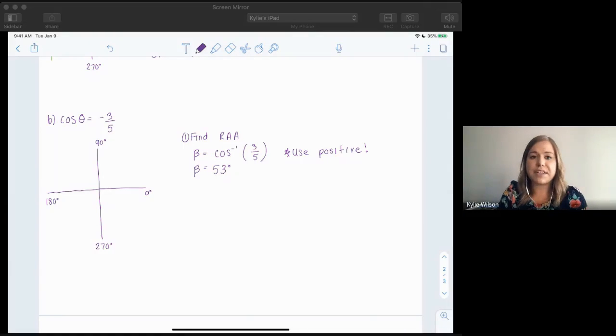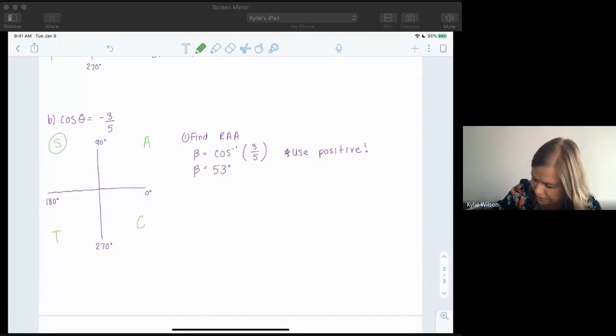Now we need to figure out, where does our angle live? Cosine of our angle is negative, so let's figure out where that could live. Where is cosine negative? It's negative over here, and it's negative over here. So our angle is living in those quadrants.